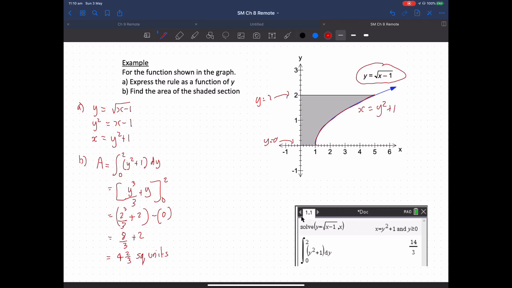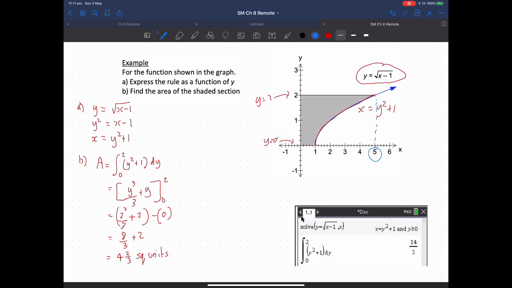Alternatively, though, we could have done this question in another way. What we could have done was looked at the area we had there. We know when y equals 2, x was equal to 5.